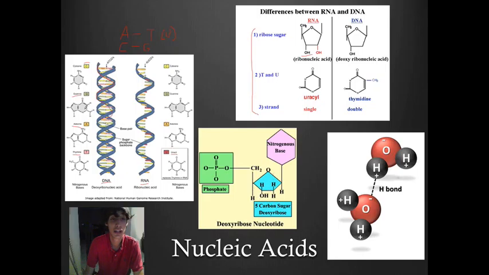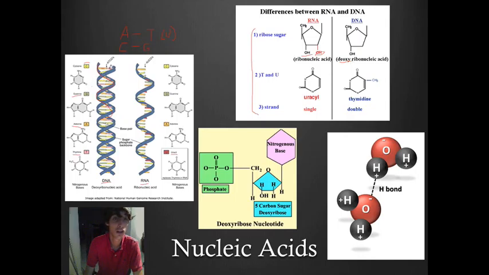The difference is that RNA's backbone has a ribose sugar, which basically means it has oxygen, while DNA's backbone sugar does not have oxygen. It's deoxy, meaning it doesn't have oxygen.